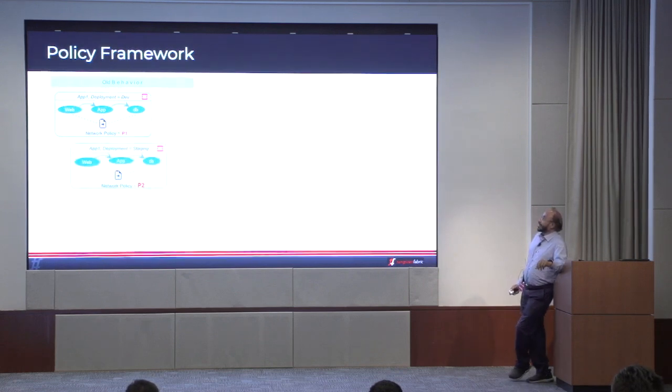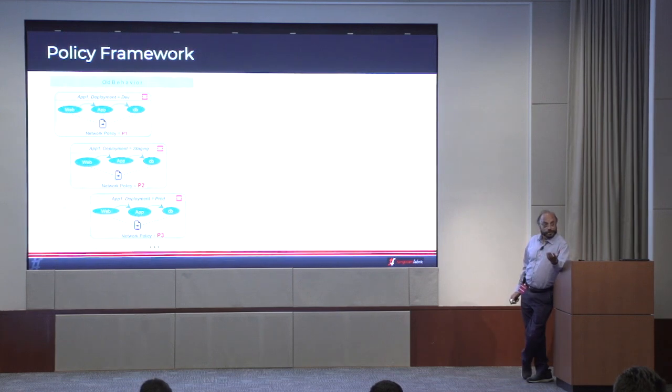Typically, you have a deployment with a front-end web tier, then an application tier, and then a database. Those are the 3 tiers. And then you have deployment, staging, and production.